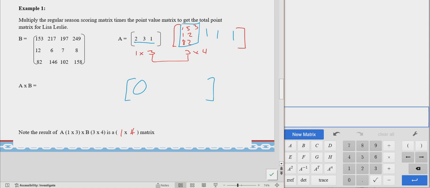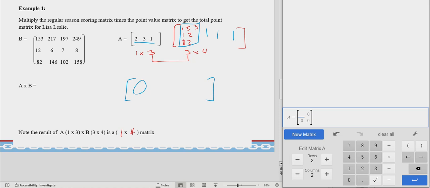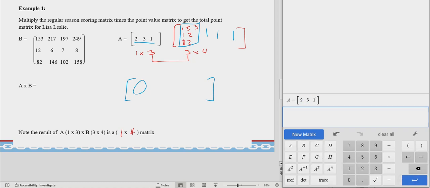We could use our TI-83s. Desmos also has a nice matrix tool. So I would hit the new matrix button, and then I have to tell it my dimensions. So I have a 1 by 3 matrix. I enter that data in, and I hit enter.